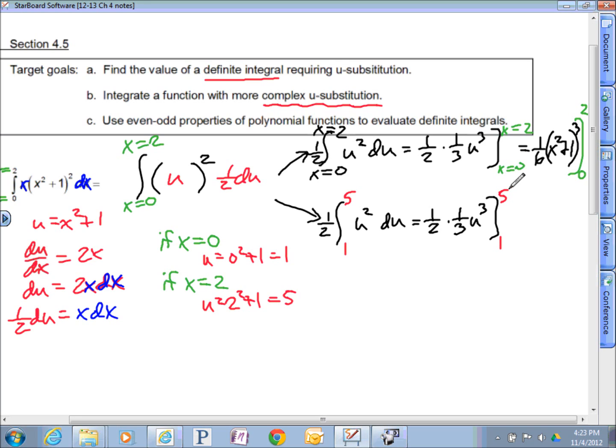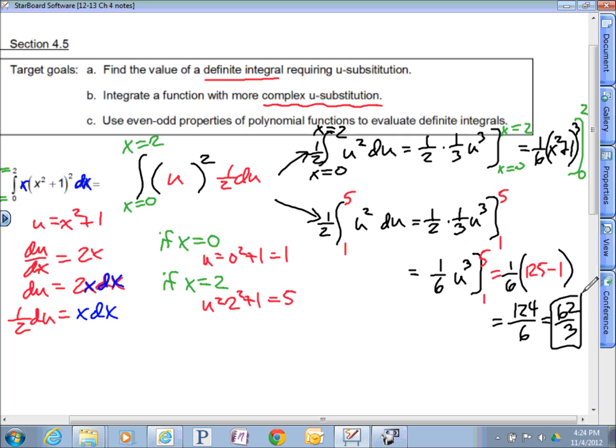If you're going to use this method on the bottom, I've got 1/6 u cubed, and I'm going to plug in my u equals 1 and my u equals 5, and I'm going to end up with 1/6 times the quantity 125 minus 1, and I'll end up with about 124 over 6, which some people are probably going to want me to make 62 over 3.